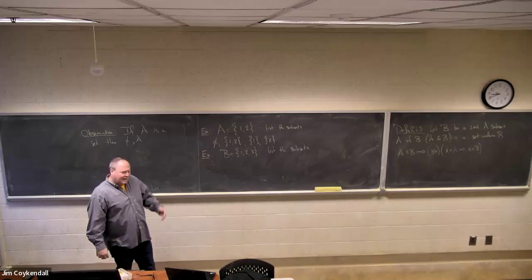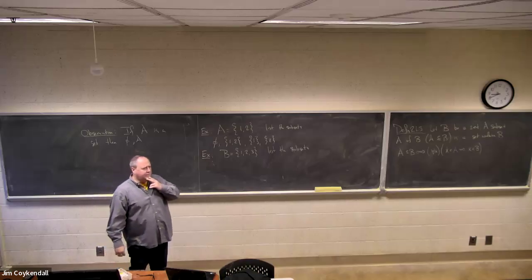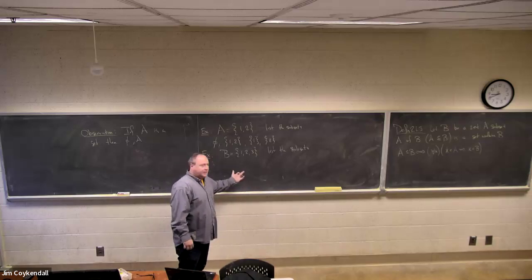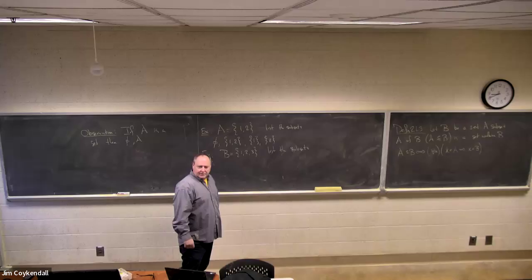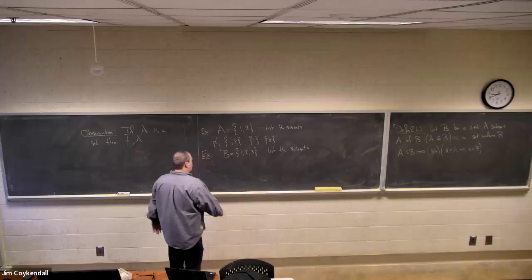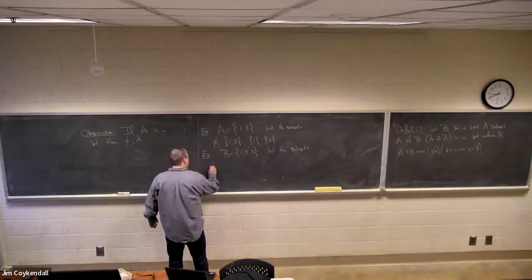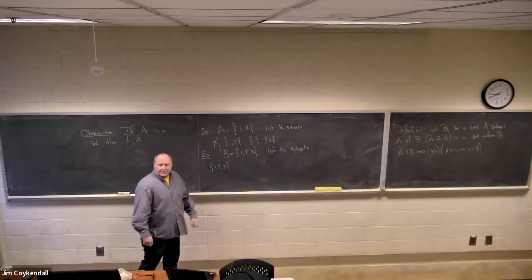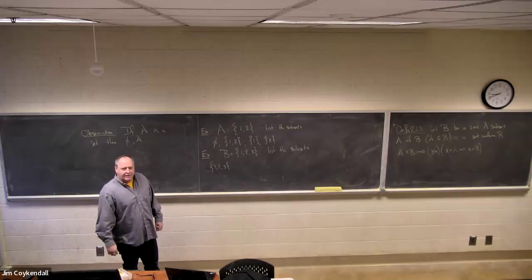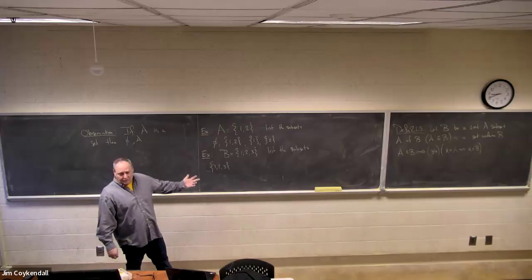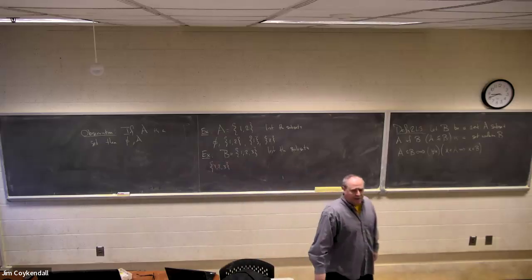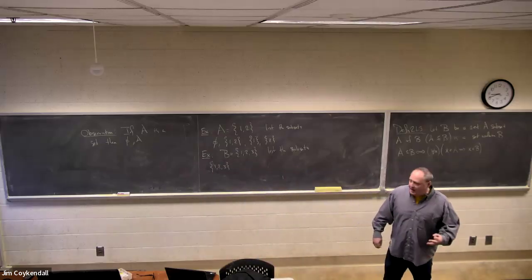No. Well, let's go about this in an organized fashion. How many subsets of this have 3 elements? Just one of them, right? So one of them is all of the set itself, right? How many subsets have only, say, I guess the next thing under 3 is 2. How many subsets have 2 elements? 3 of them.